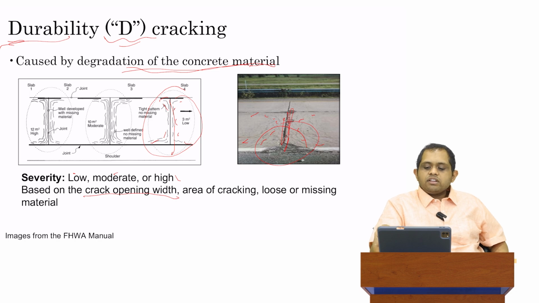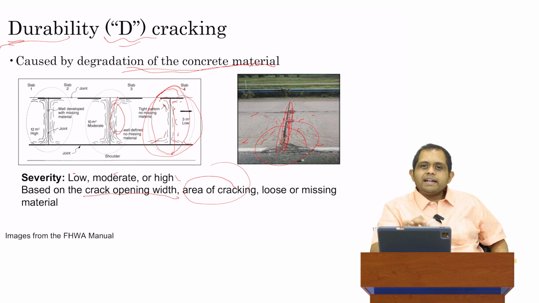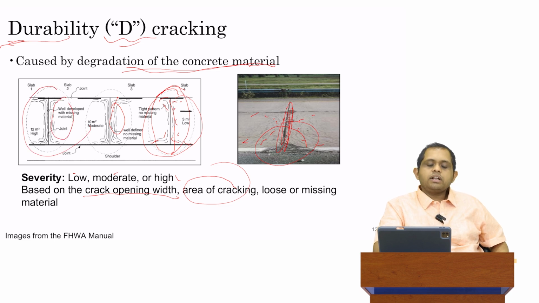So we do have a crack which is on the joint, or it could be a little bit away from the joint. How large are the cracks? How much of the crack has opened? What is the area over which this D cracking is happening? For example, this diagram over here, which I've just circled, you do have D cracking, but it's over a relatively small area. Whereas the one on the left here, you have D cracking over a larger area.